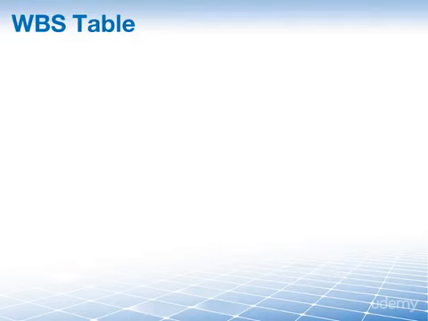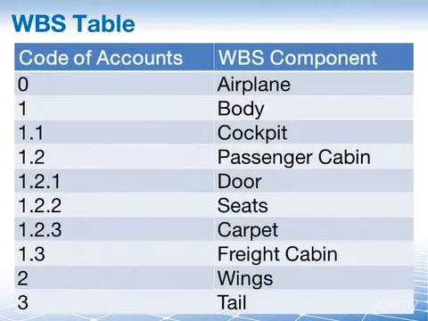Quite often, the WBS is displayed graphically just like an organizational chart, but it doesn't have to be. It can just as well be in table format. Each line in the table would then represent one component of the work breakdown structure.